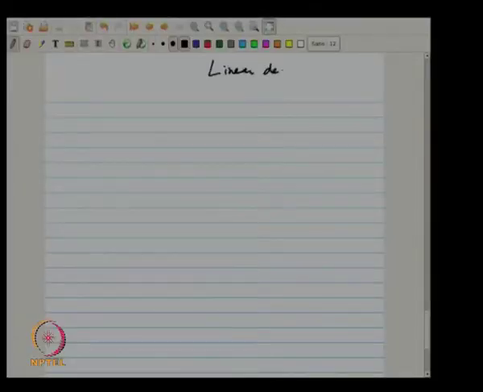So, the model for element uniqueness is what I call a linear decision tree. Decision, because we are discussing a decision problem, namely element uniqueness, which is yes or no. Linear, because I am allowed to use only linear inequalities.